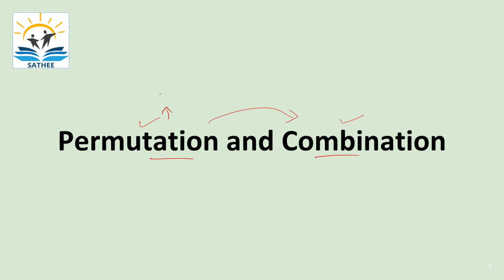Permutation means order matters, but combination means order is not considered or does not matter. That is how combination is characteristically different from permutation.